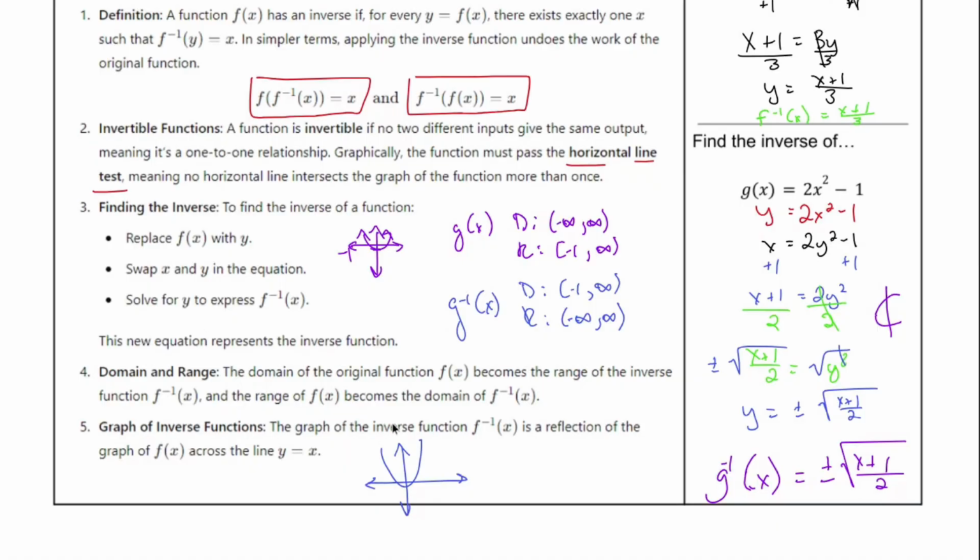I know it's not the best picture in the world, but that's because the graph y equals x creates a mirror image of it. Like that. And that's what I was hoping to get.